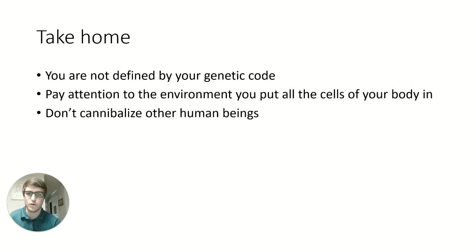Think about what you're putting into your body and how that might have an effect on your cells' environment and also the DNA that's being expressed from those cells. And of course, cannibalizing human beings isn't good. You shouldn't eat human meat because it's going to lead to dysfunctional physiological conditions like transmissible spongiform encephalopathy.